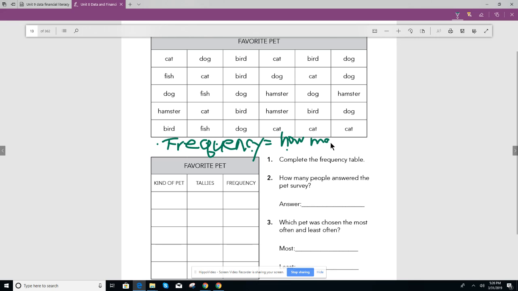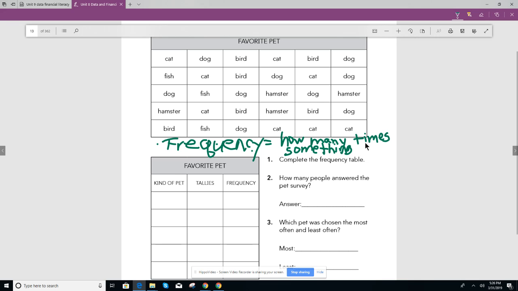Now, I hope your handwriting is better than mine. I'm using a computer mouse, but you need to write: frequency equals how many times something is done. It is shown in either a tally mark and then transferred into a digit, or just a digit. So frequency is how many times something happens.